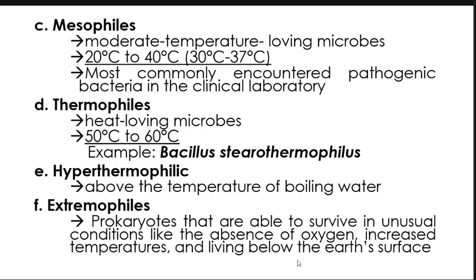So, you'll learn more about that when we get into disinfection and sterilization. It's just that because your Bacillus stearothermophilus is the given example here, it is a heat-loving organism. Kaya yan ang ginagamit, high temperature ang gusto niya na environment.